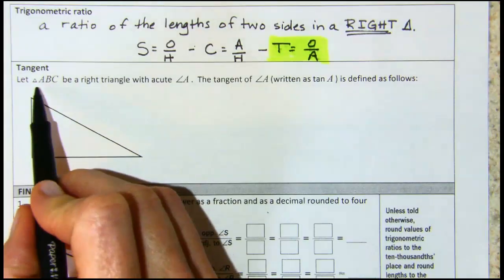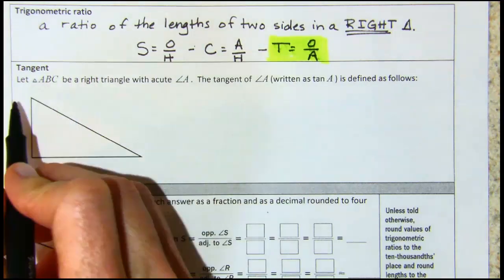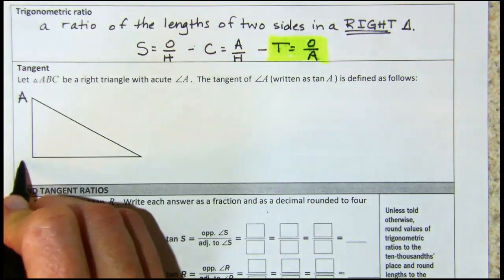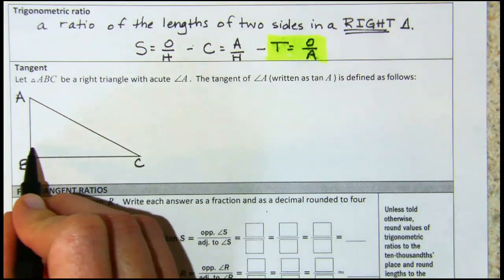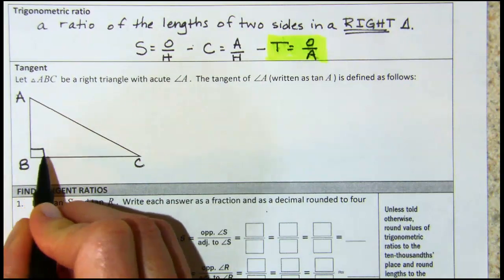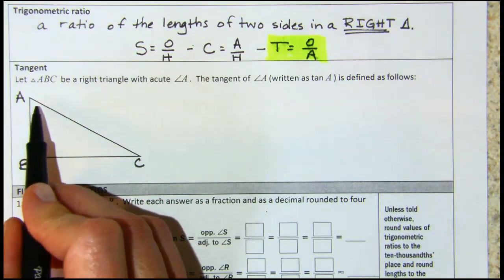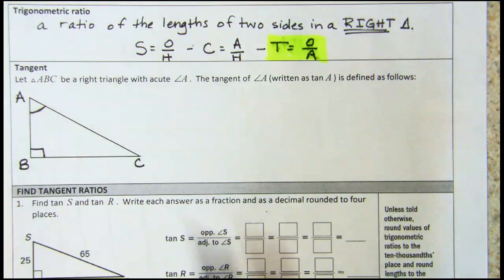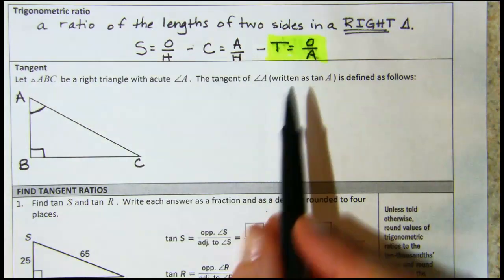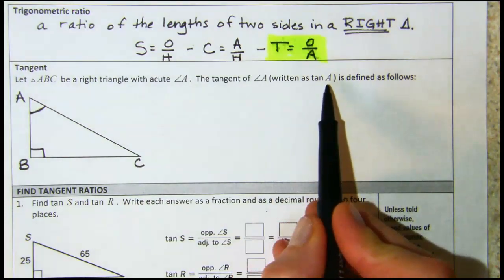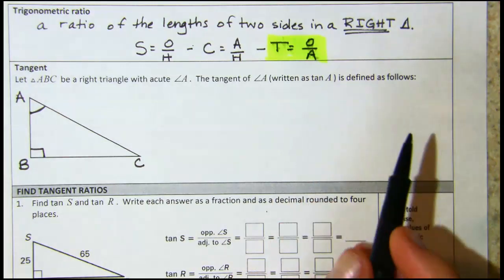It says let triangle ABC, so let's label this triangle ABC, be a right triangle with an acute angle A. Here is A. The tangent of angle A, written as tan A, is defined as follows.